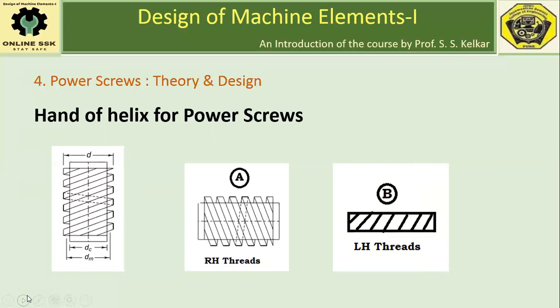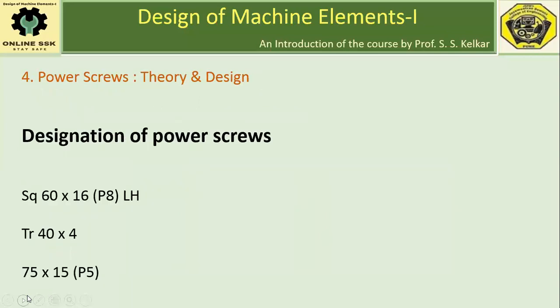But you can see that when you put the screw shown in the leftmost figure in horizontal position, having its axis in horizontal position, you will find that actually it is a right hand helix. So whenever you want to identify hand of helix, you have to keep the screw in such a way that its axis is in horizontal position.